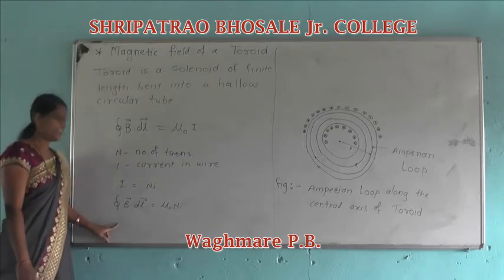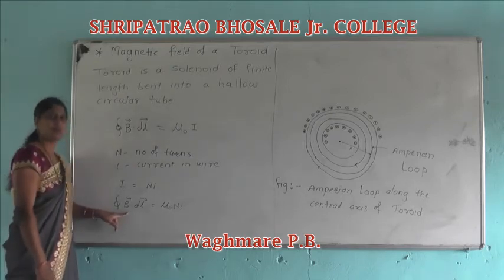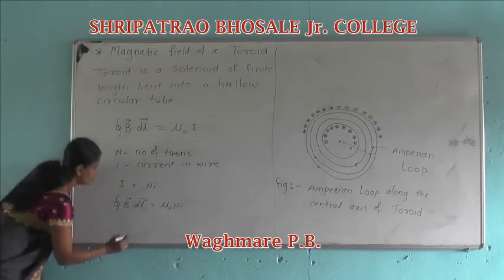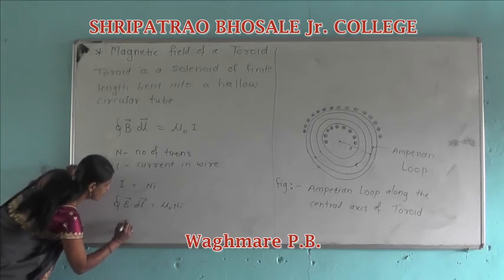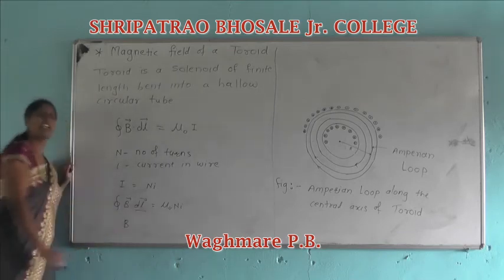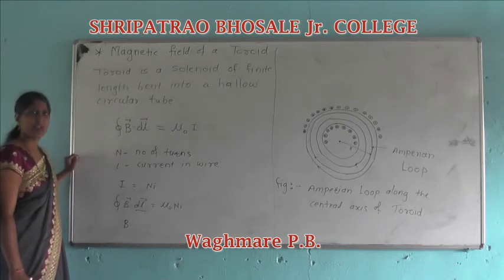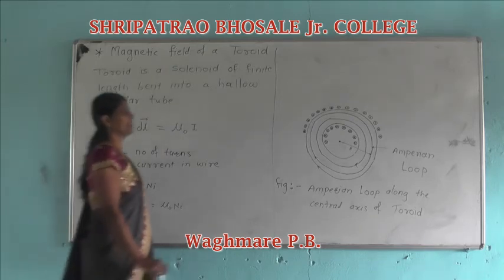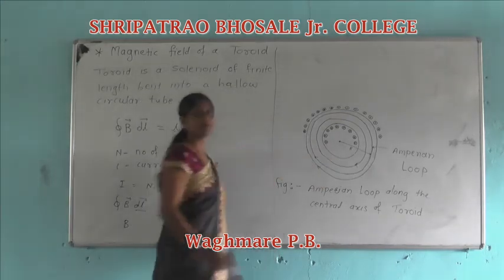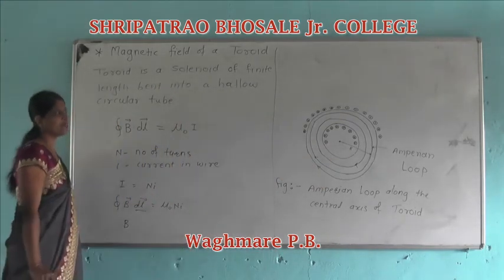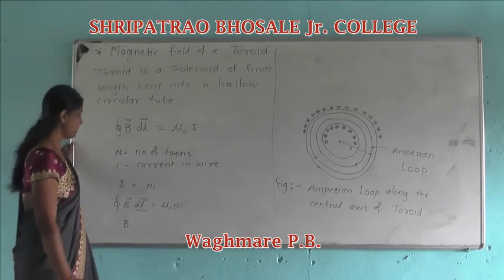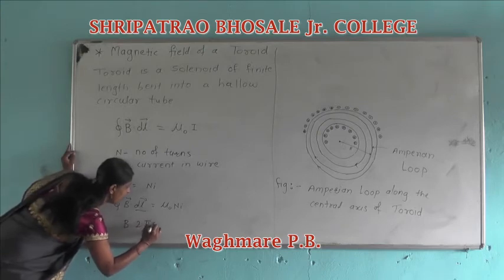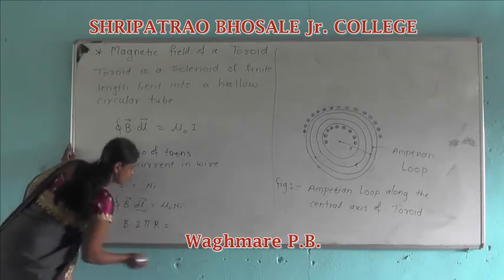Now, taking the integration, B dot dl gives B into the integral of dl. The integral of dl means the total length of this circular Ampere loop, which is 2 pi r.